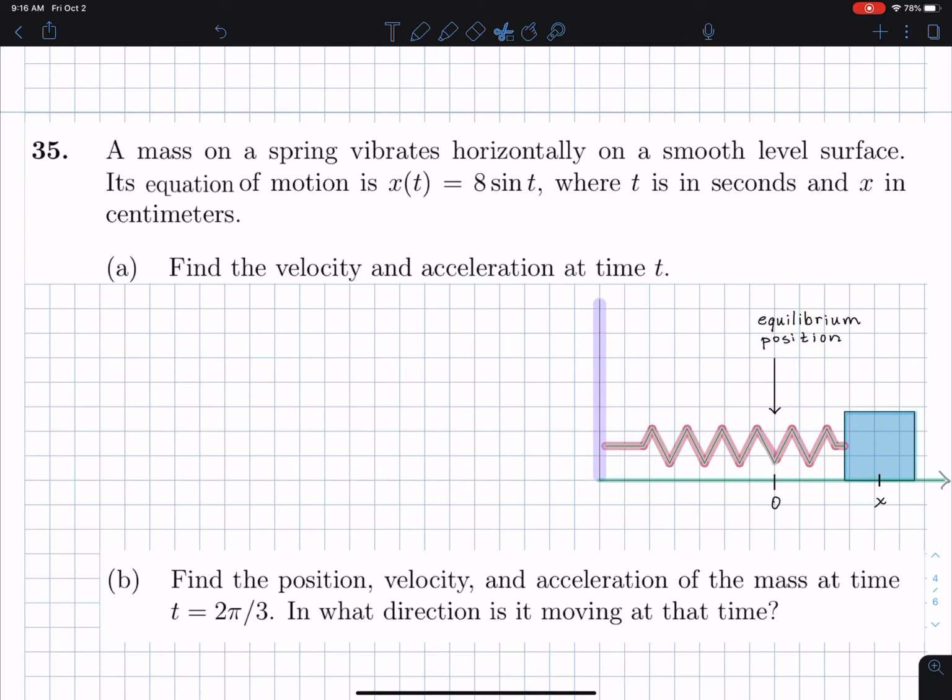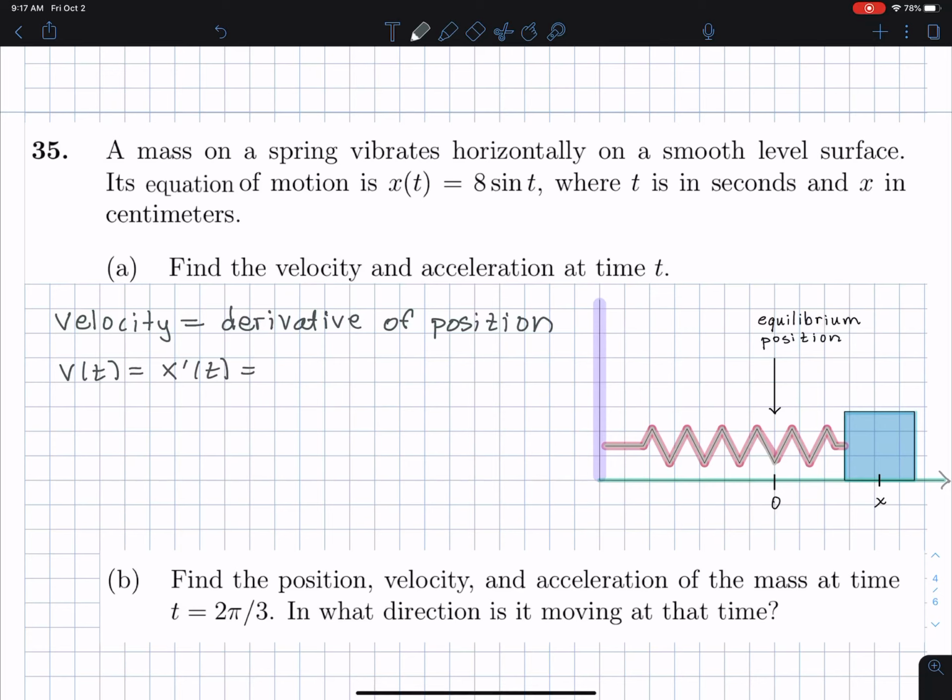Now, to find the velocity, we're just going to use the fact that velocity is the derivative of position. And so in this case, we get v of t is equal to x prime of t.